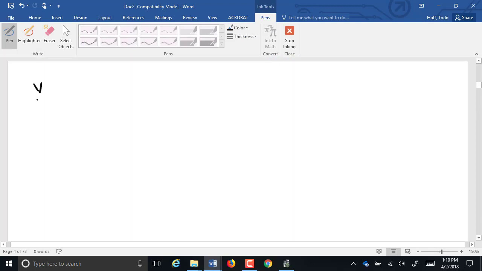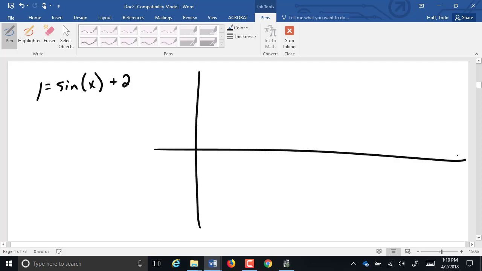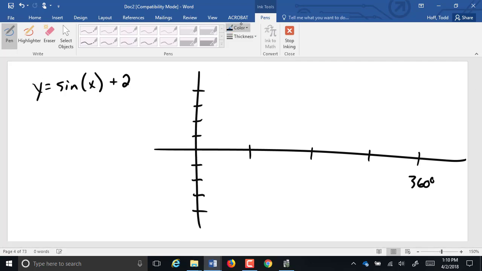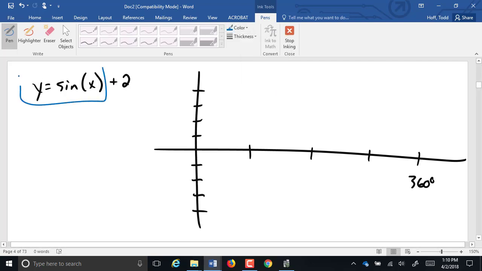So how about this? What's different about this one? Hey, yeah, it's outside the parentheses. I basically treat this as y equals sine x and then add 2 to everything, right?